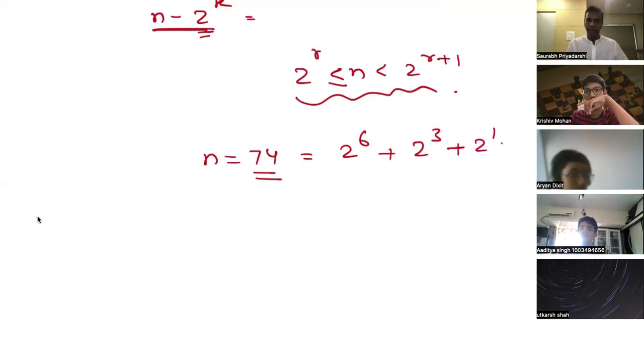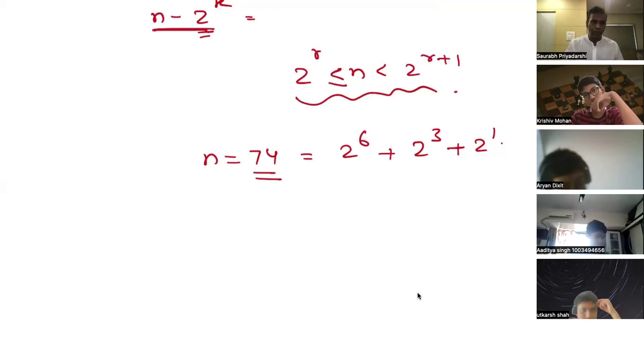I guess everyone is getting this, right? So this is the first theorem. This is one of the basic things. Sanjana, very good.